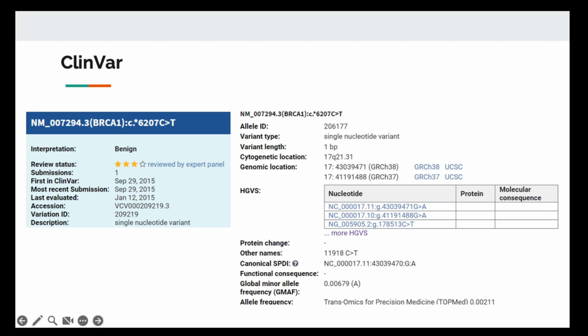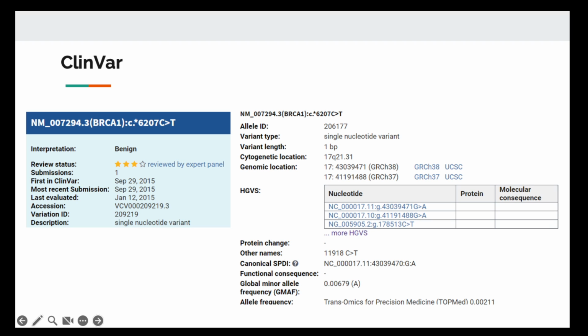If you enter this information into the database, it will tell you that this mutation is known, something that people have seen before. Experts rate this as a benign mutation. And there will be links to other resources, like the paper that reported the mutation and the position on the genome, so that you can view more information.